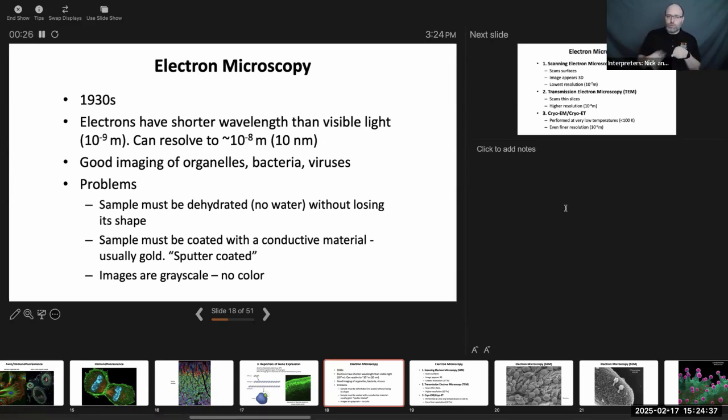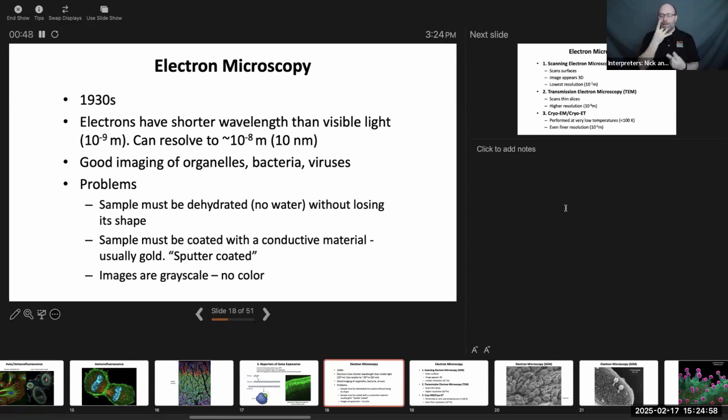And again, I mentioned this before, we don't normally think of electrons as having a wavelength. We think of them as a type of particle, but they do actually have a type of wavelength. The wavelength of the movement of an electron is about 10 to the minus 9 meters. So that means it's about 100 times smaller than the wavelength of visible light.